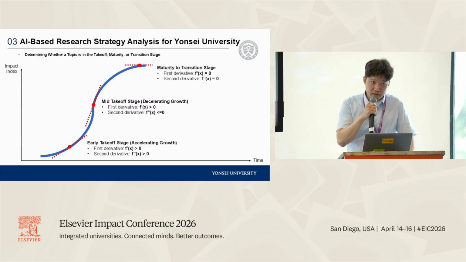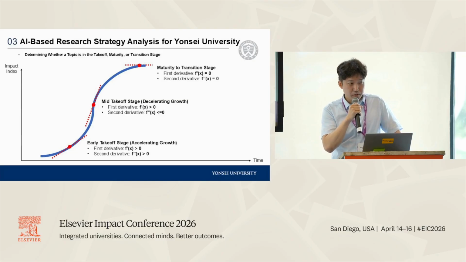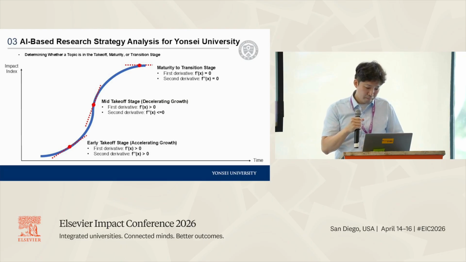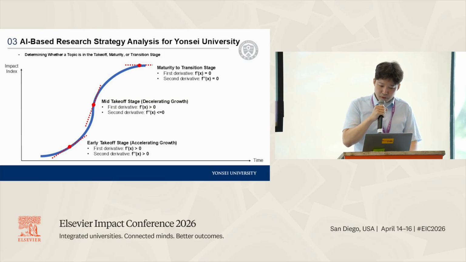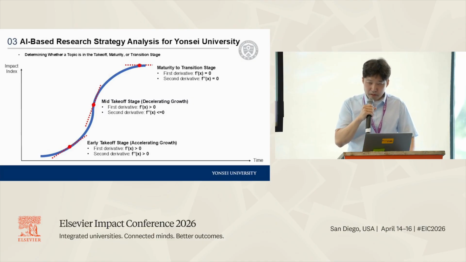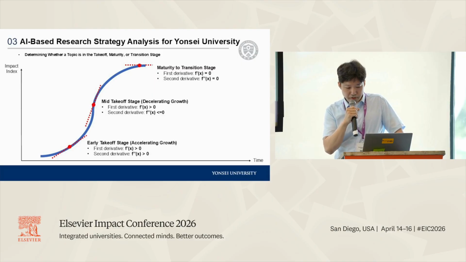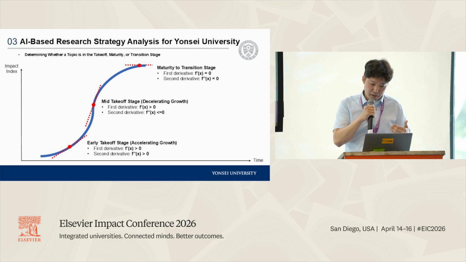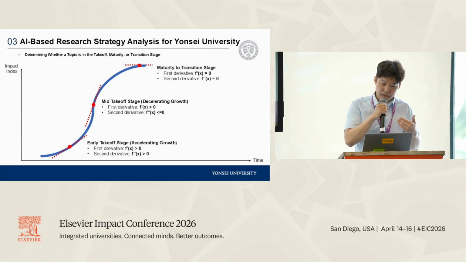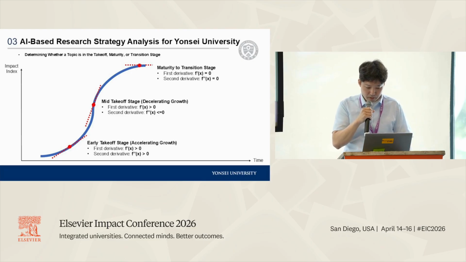We adopted the S-curve model, which is widely used to assess growth stages of technology. And the research topic follows a similar life cycle. By calculating the first and second derivatives of the annual impact index, we can determine whether a specific topic is in a stage of takeoff, maturity, or a transition stage.